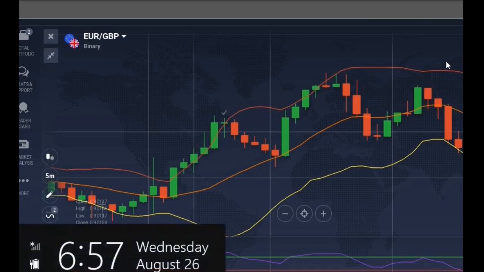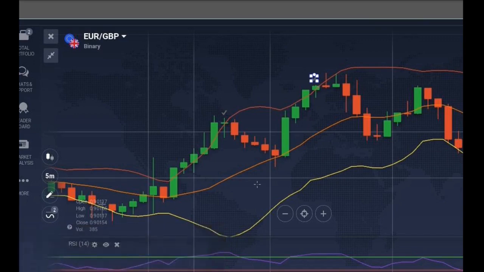Let me put a sign for you to identify it. You can see that price formed the higher high over here. Now what you want to do is to trace it down to the RSI. You can see price clearly crosses the 70 RSI level.